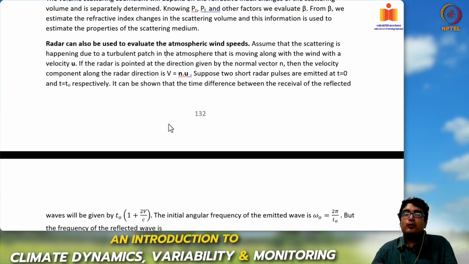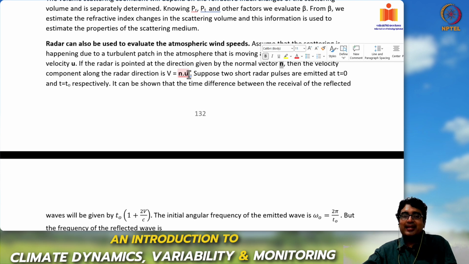So let us assume that the scattering is happening due to a turbulent patch in the atmosphere that is moving along with the wind with a velocity u. Suppose the radar is pointed at a direction given by the normal vector n, then the velocity component along the radar direction is n dot u.